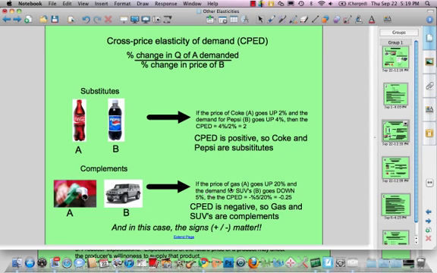If the price of gas, product A here, goes up 20% and the demand for SUVs goes down 5% as a result, the cross-price elasticity of demand, again calculated by percent change in quantity of A demanded over the percent change in price of B, means percent change is negative 5 because it went down, over 20, which is the price of gas having gone up 20%, it's negative 0.25.